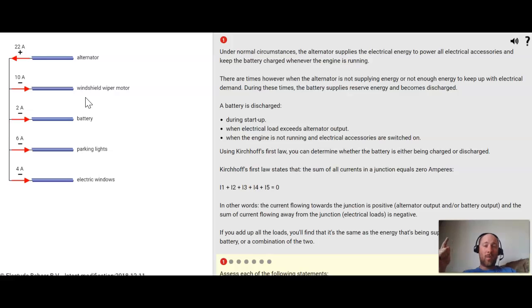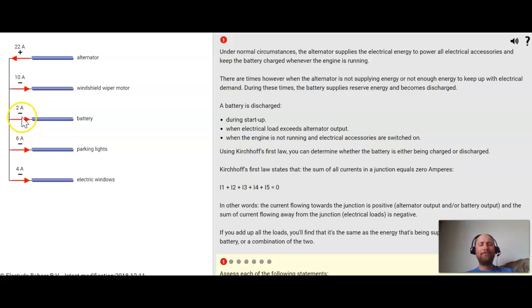That means our wipers are on and they're taking 10 amps of current. Whenever you turn on any electrical thing in your car, your radio, your lights, your wipers, those things are going to take electricity. So they're actually going to be a load on the circuit. Some of that power is going to go to those various things.